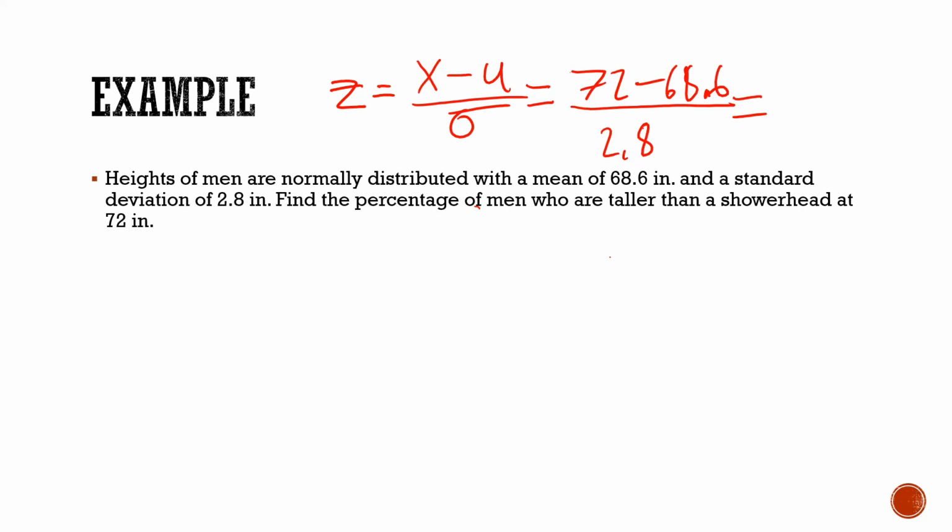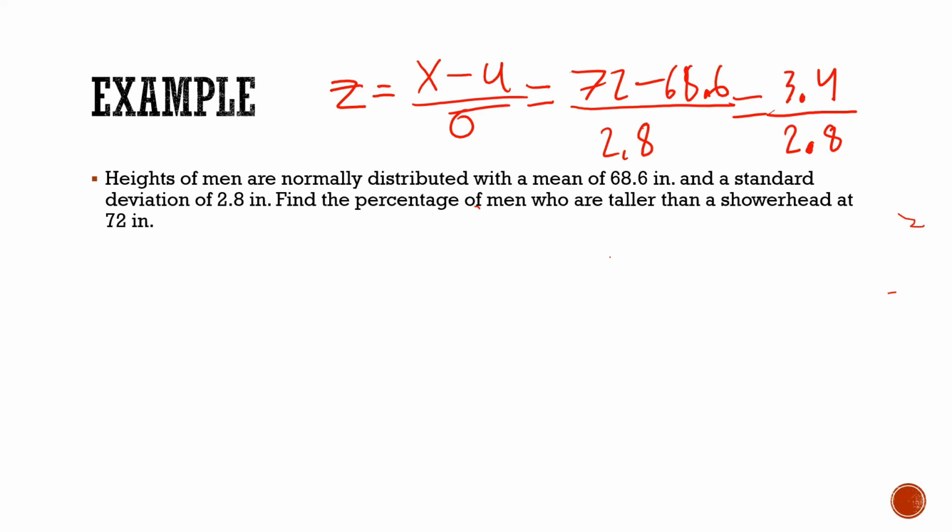If you forget this formula, let's try to do it intuitively. A man who is 72 inches tall would be 3.4 inches taller than the mean, taller than average. If the standard deviation is 2.8, how many of them fit in that difference?